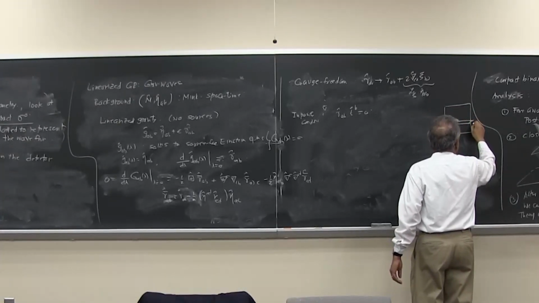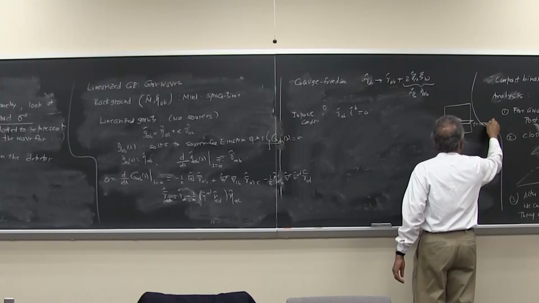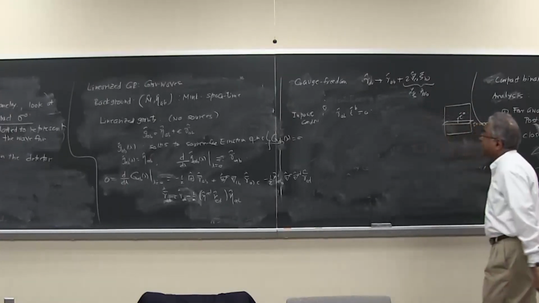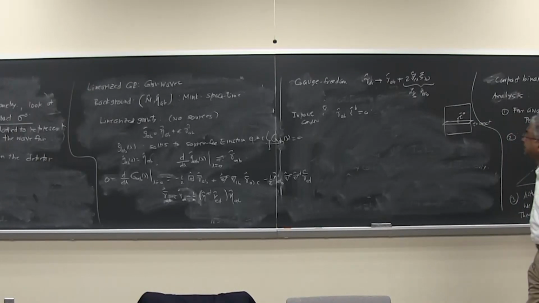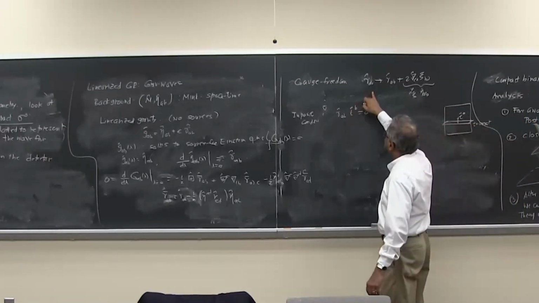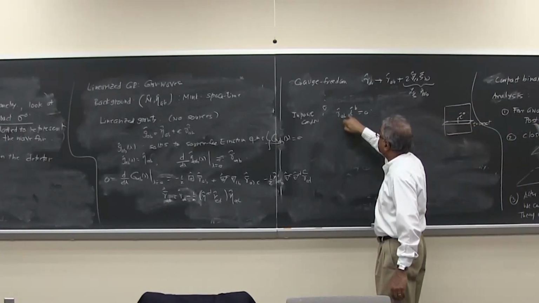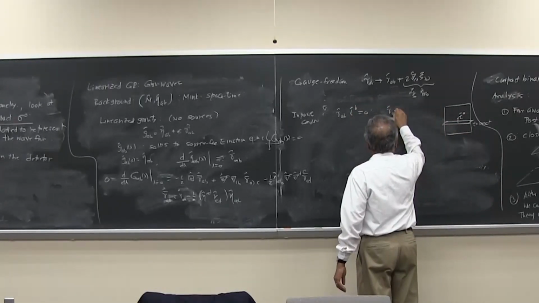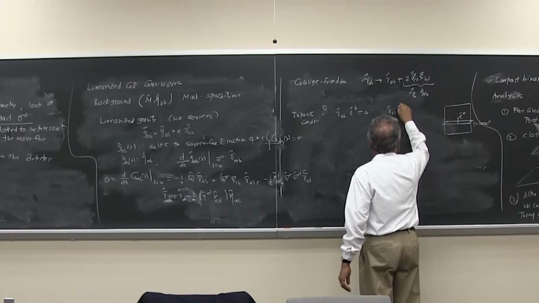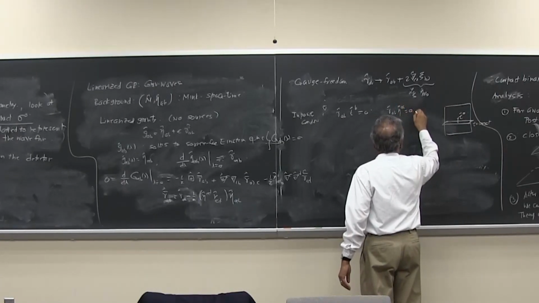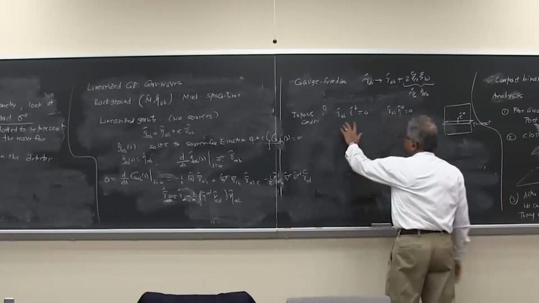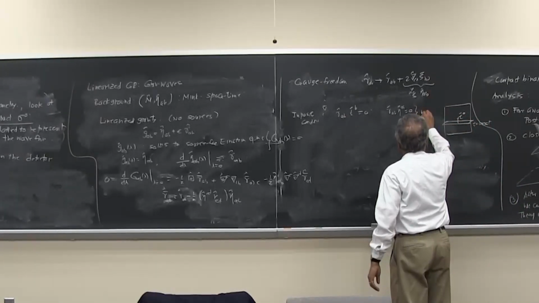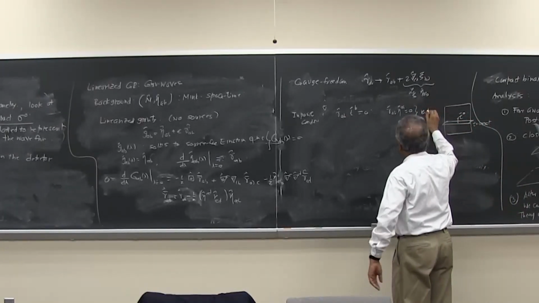I choose some t equal to constant surfaces. t hat A is a unit time-like vector. So I make only the spatial components non-zero, the space-time components 0, and I can also make the trace, eta hat AB gamma hat AB, equal to 0. So this is purely spatial and traceless, and this is often called the radiation gauge.